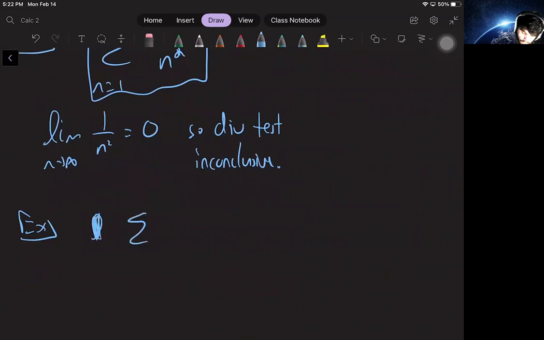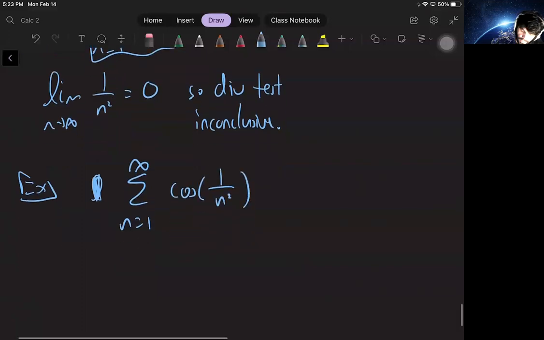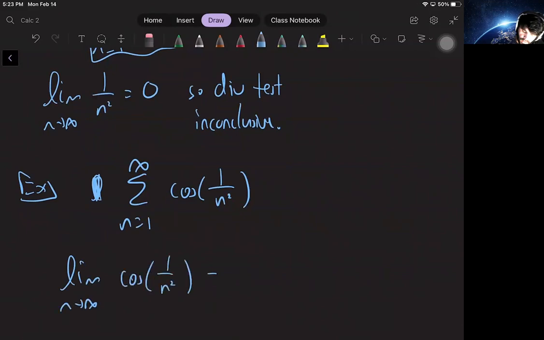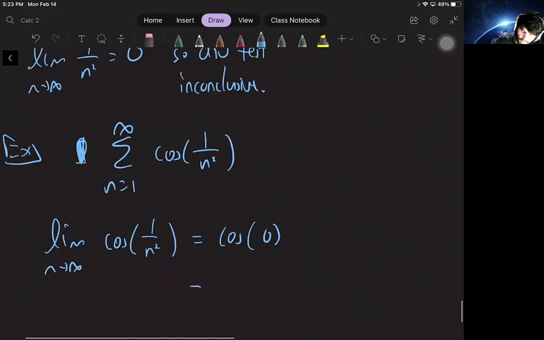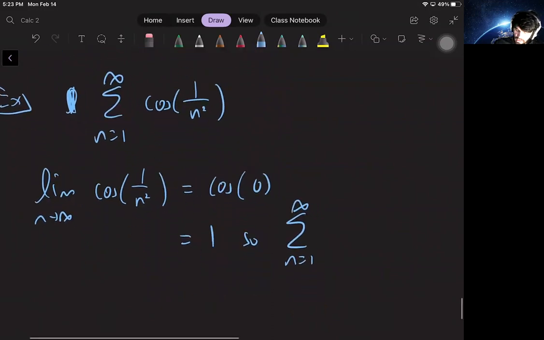So what about this one? Cosine of 1 over n squared. If I take the limit of the inside, then this becomes cosine of 0 because the n squared gets really big and makes a tiny fraction. So the inside goes to 0. Cosine of 0 is 1. So this guy diverges for sure because the limit is not 0.